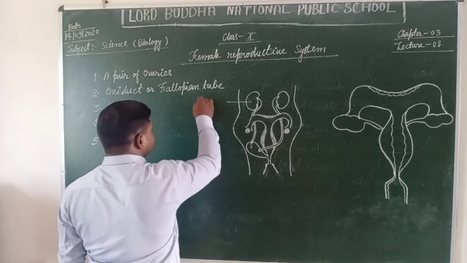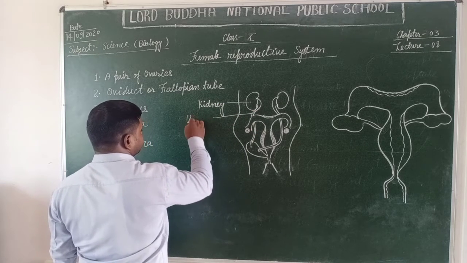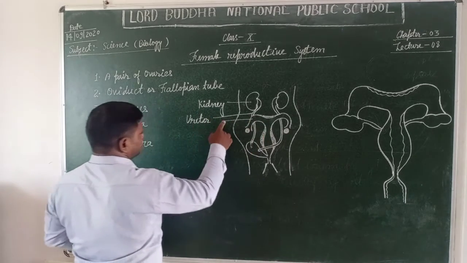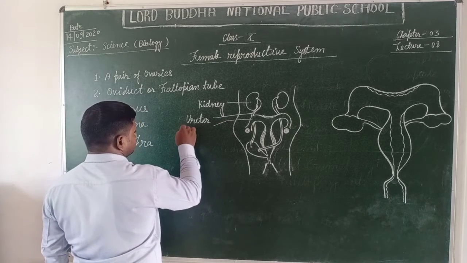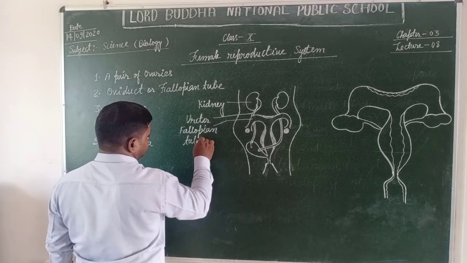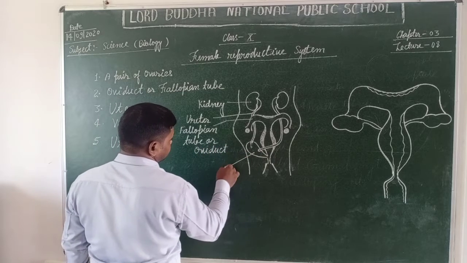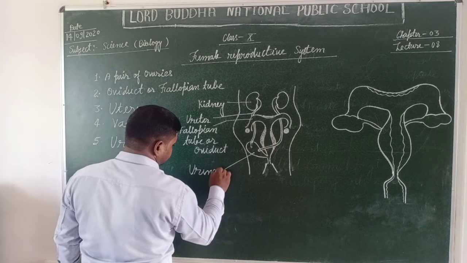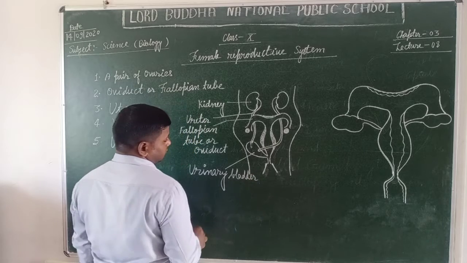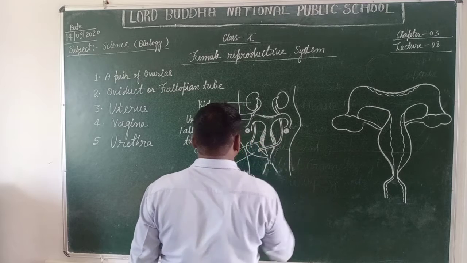The kidney. This is the ureter. The fallopian tube or oviduct. The urinary bladder. This is the uterus.